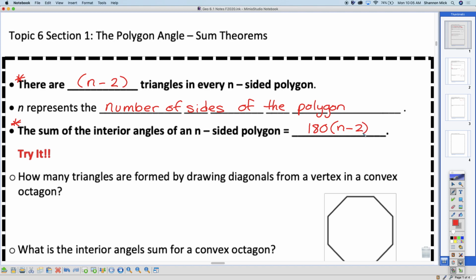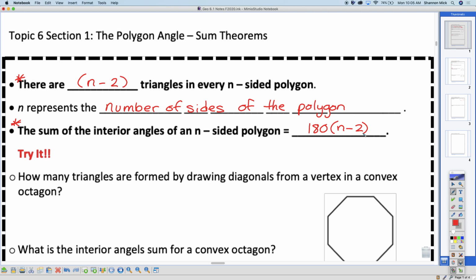The number of triangles? Sure. Oh, I said n minus 1, I meant n minus 2. Sorry. N minus 2 is the number of triangles. So we found how many triangles there were, and we used the fact that there's 180 degrees in a triangle. Makes sense, right?